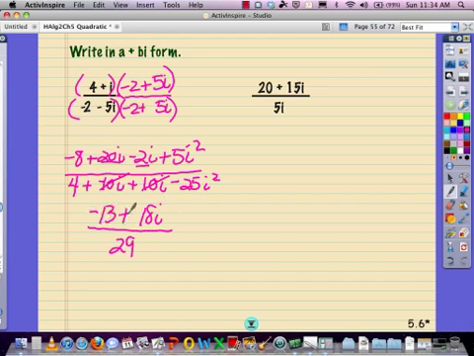So we get negative 13 plus 18i. And if it says, like ours does, write your answer in a plus bi form, that really means we need to separate this, and our real number part is now this fraction, and our complex number part is also a fraction. But fractions are okay as long as our denominator is a nice real number.